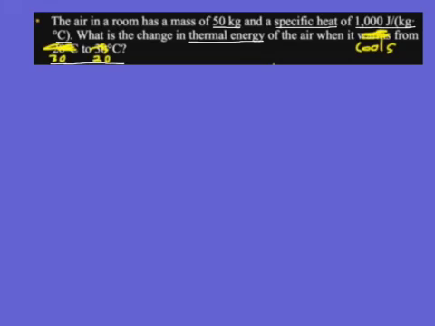So let's start. First off, let's find what we know and what we don't know. Q, which is the thermal energy, we don't know. And then M, mass, is 50 kg. And then the change in temperature.